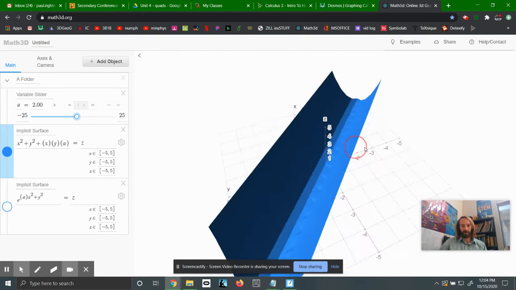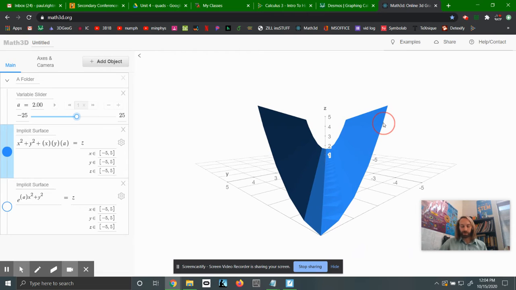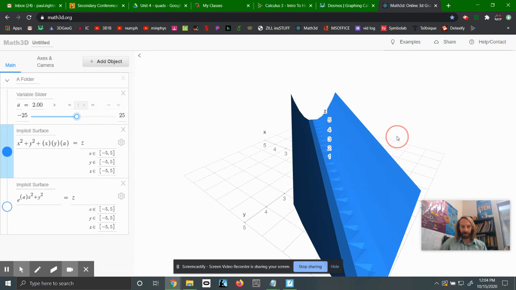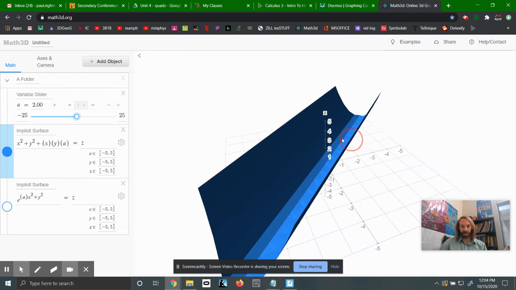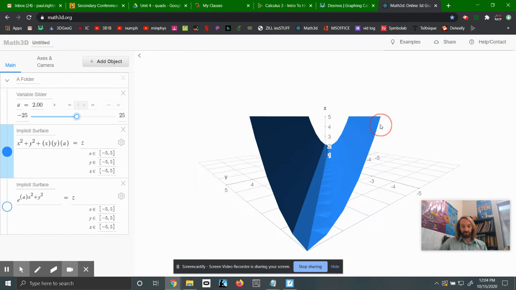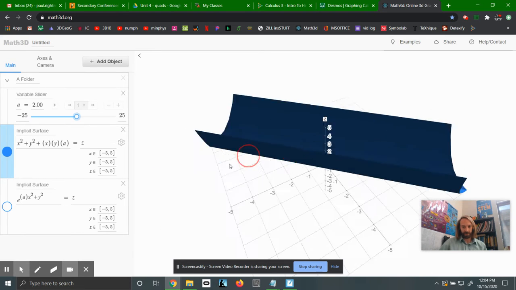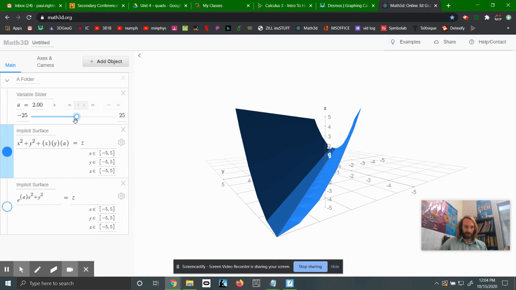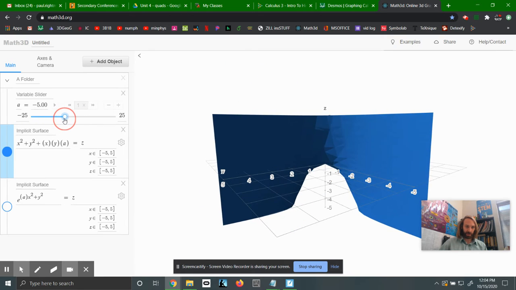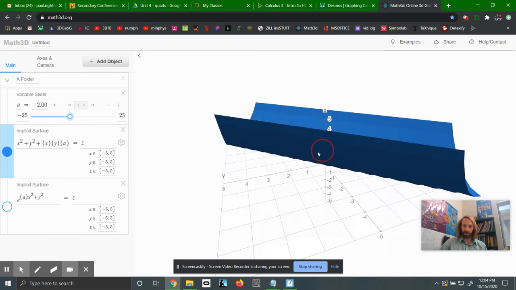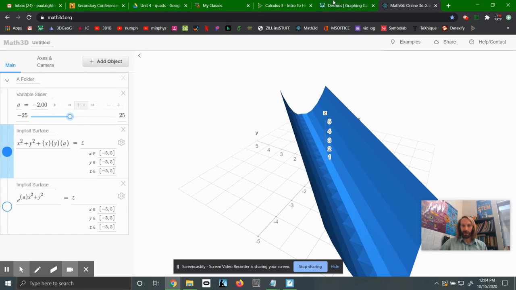So it's like a cylindrical parabola surface that just goes on and on and on forever. Yeah, it looks weird and pointy, but it wouldn't be pointy like that. It's just the way that this thing graphs it. And if you go to -2, you're going to get the same thing. I just passed it again, but it's just going to point in a different direction.